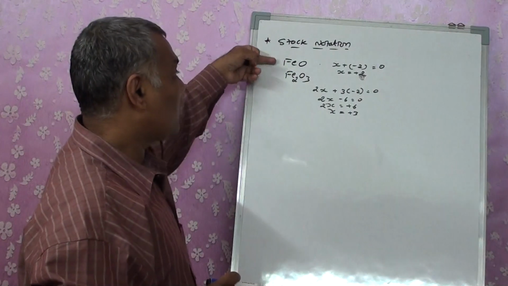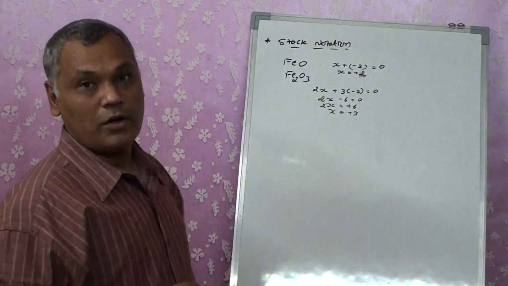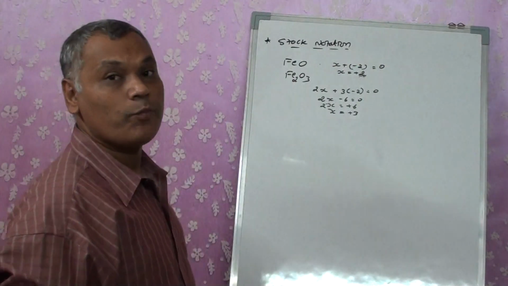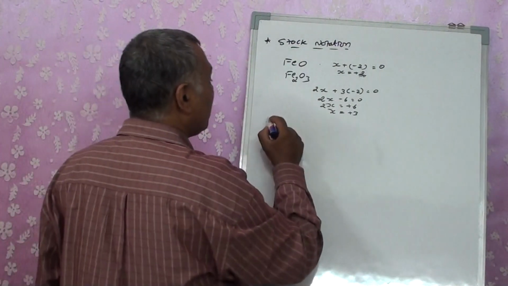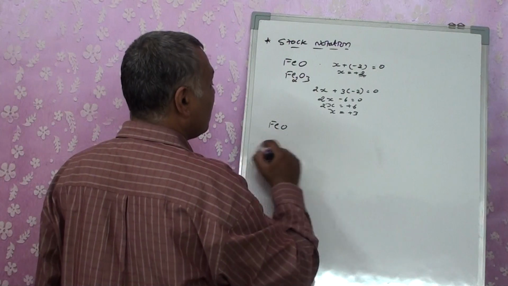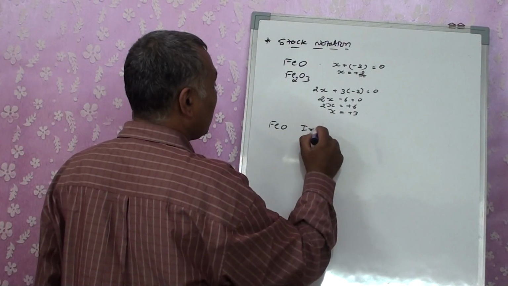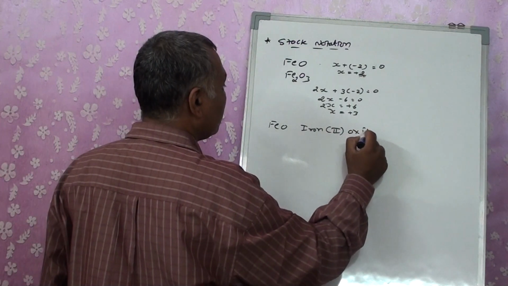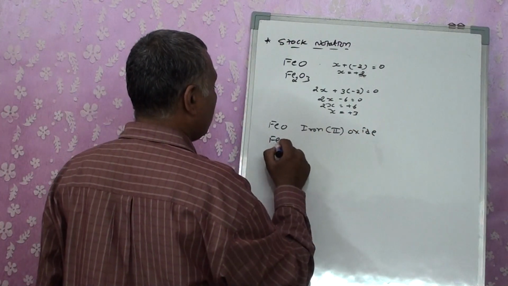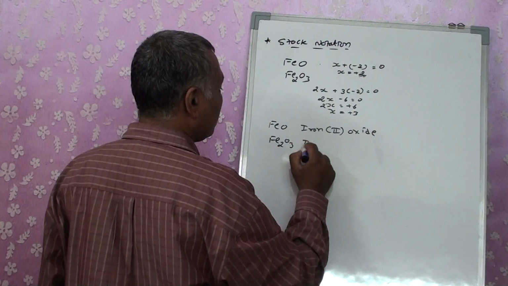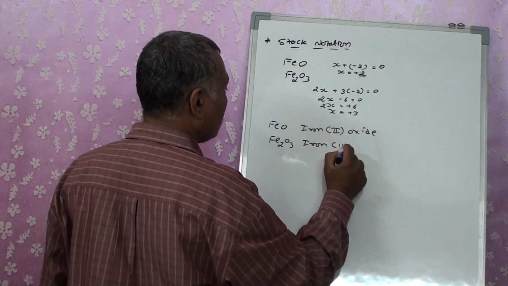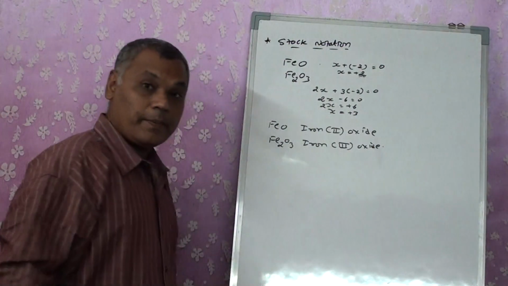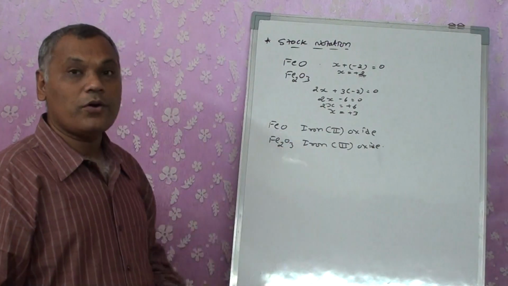So one iron oxide has Fe with plus 2, and the other has plus 3, and that's the reason why FeO is written as iron(II) oxide, and Fe2O3 is indicated as iron(III) oxide, separated by their oxidation number.